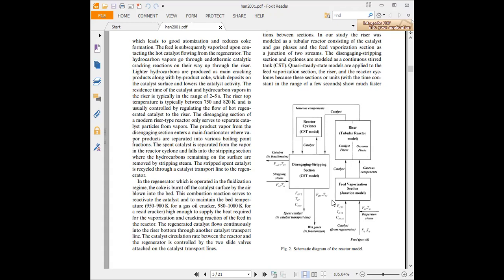it is mentioned here. Okay, so the riser is considered to be a tubular reactor model. The feed vaporization section is a kind of junction model. And for the disengaging stripping section, it is a CSTR along with the reactor segments. Okay, so this is how you have to deal with one of the reactors.